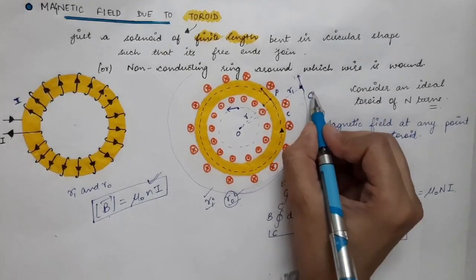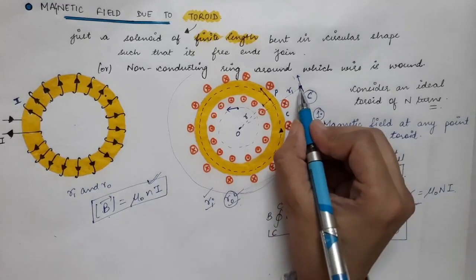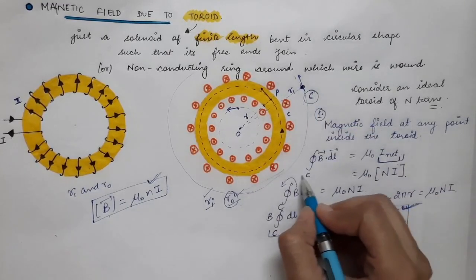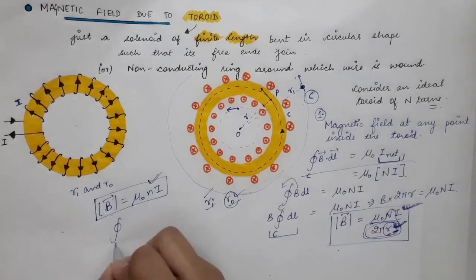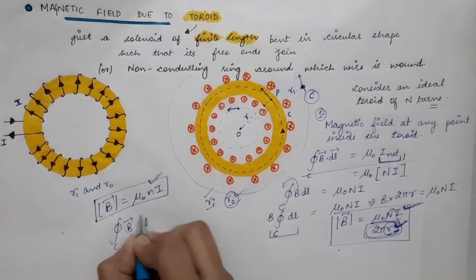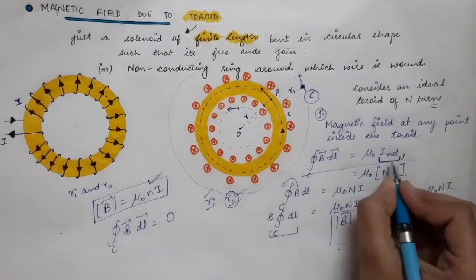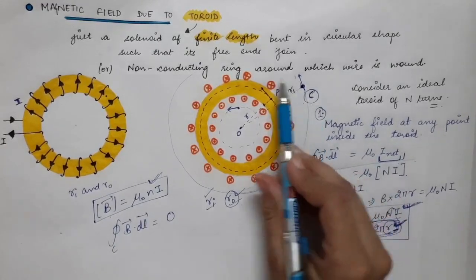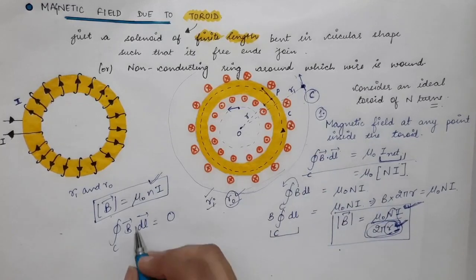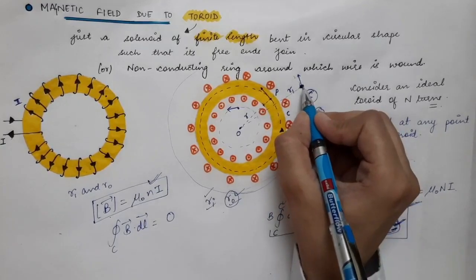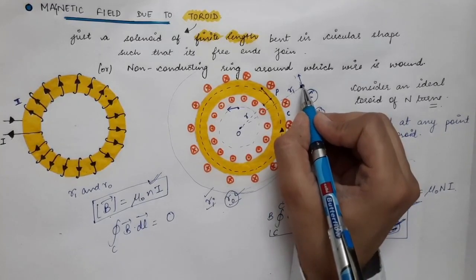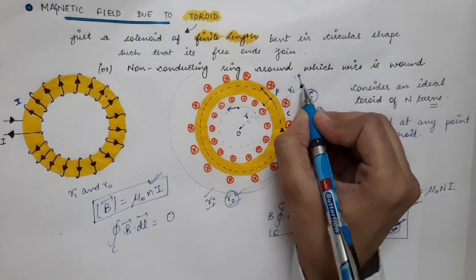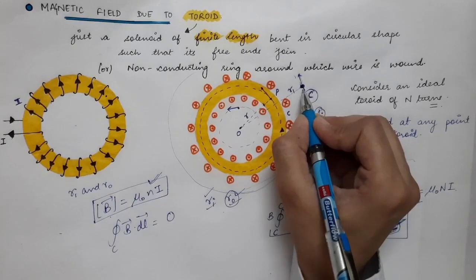So for this closed curve which is crossing through this point, this equation will become B vector dot product with dl vector is equal to 0, because net amount of current which is crossing this closed path is equal to 0. So if magnetic field is present outside the toroid, that will be pointing tangential to this closed path.